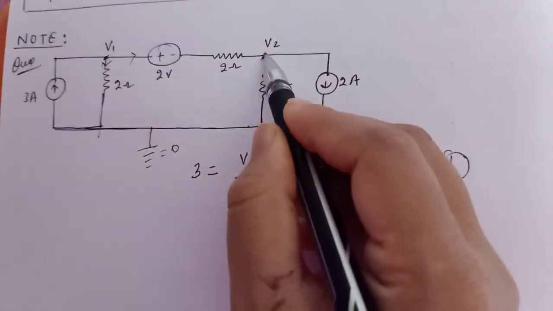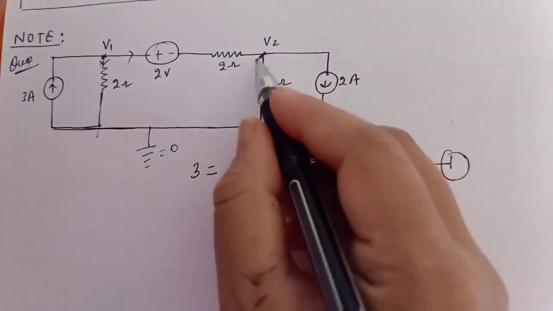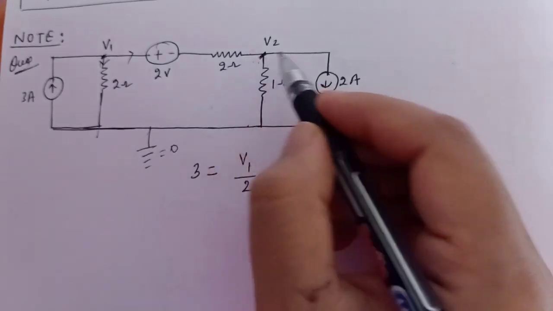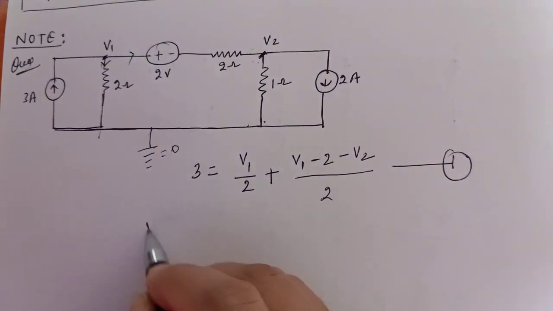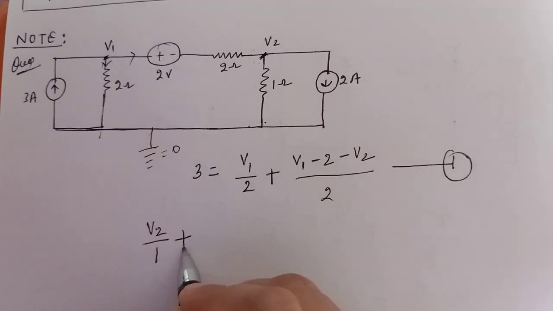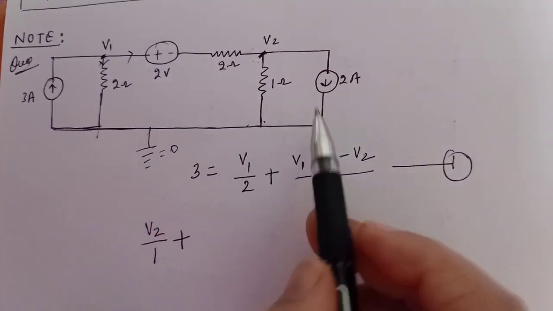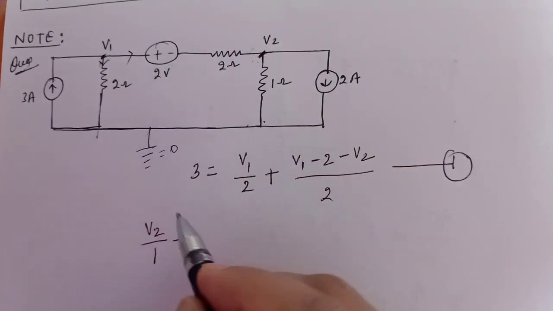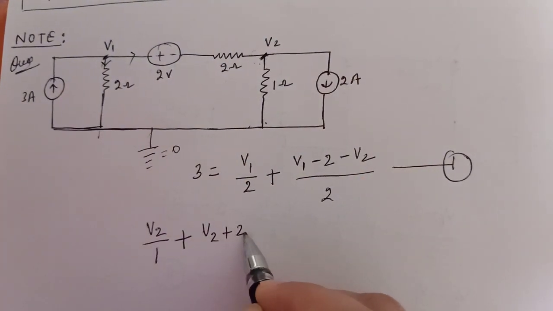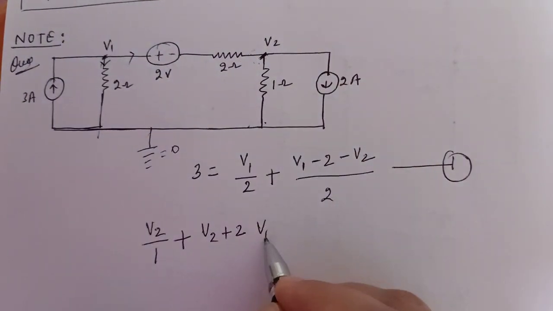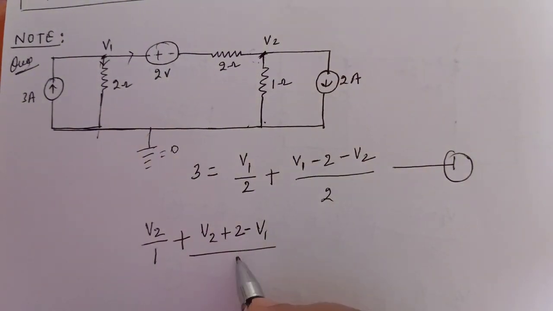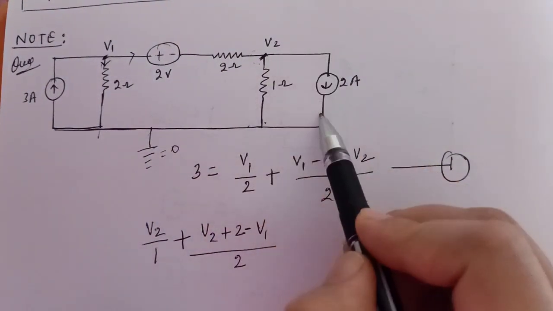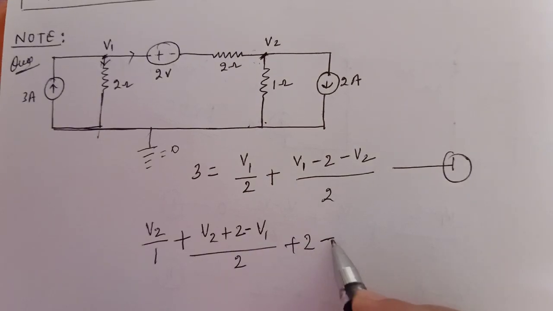Now write the KCL equation at this node. Clear? So at this node, let's say this is at high potential and one current is flowing like this. So V2 by 1 plus, because this is at 0 potential, V2, here the minus sign is coming, so you can take it as a plus, V2 plus 2 minus V1 divided by 2, and these are outgoing currents, this is also an outgoing current, plus 2 equal to 0.